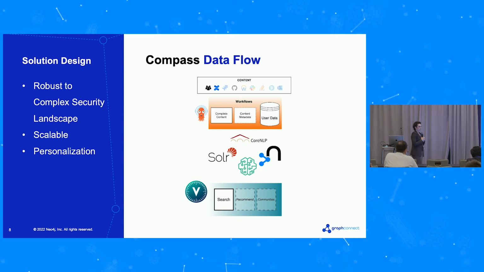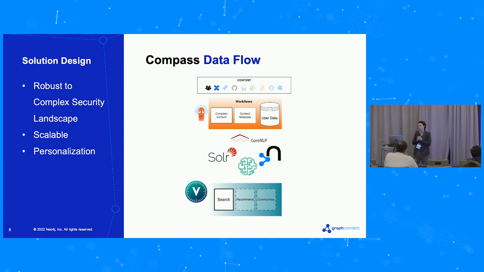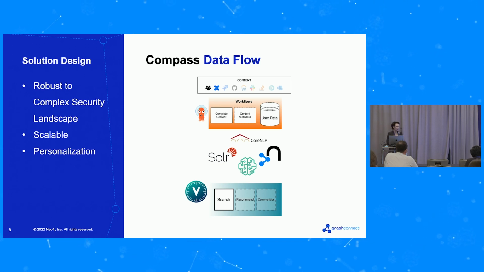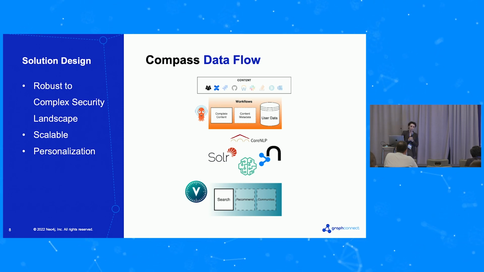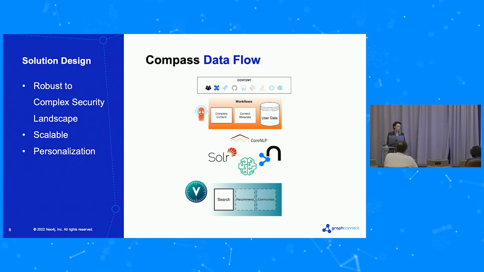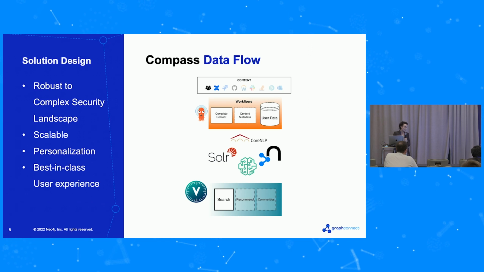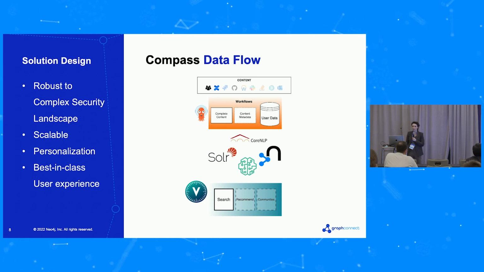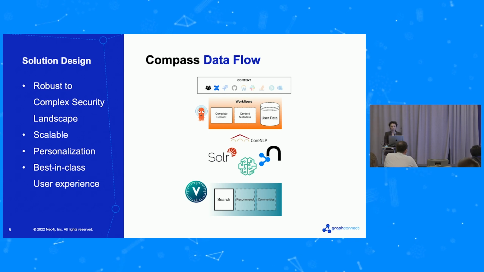We needed to be able to personalize. Like I said, knowledge is tribal, and so you want to reduce the cognitive load on the employees as much as possible and provide them with the most relevant information for them. Definitely a big factor in our solution design. And as I mentioned, it's really important for us to have a best-in-class experience for our employees.